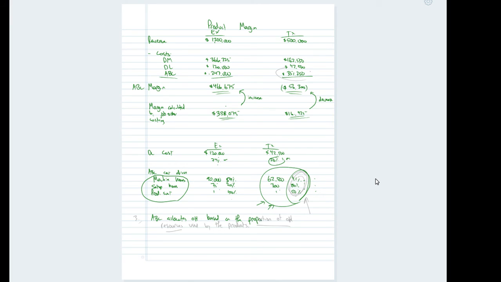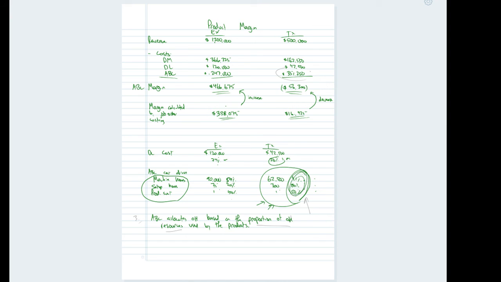If a product uses a greater proportion of the resources, it's going to get a greater portion of the cost allocated. And a product that uses a lower proportion of the resources gets a lower portion of the cost allocated. Just like if you go back to the Sunday school example, and we had the two families, and one family had a lot of people, and the other family had few people, and the family with a lot of people got more cost given to them, or more money given to them. The same way, it's the proportion of resources used that's going to determine the overhead cost allocation.